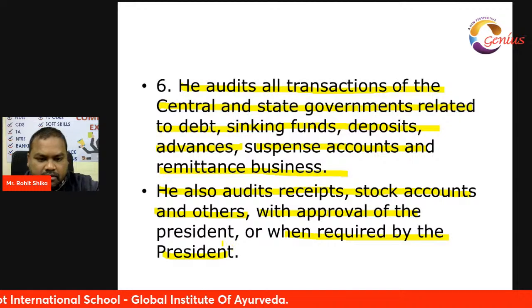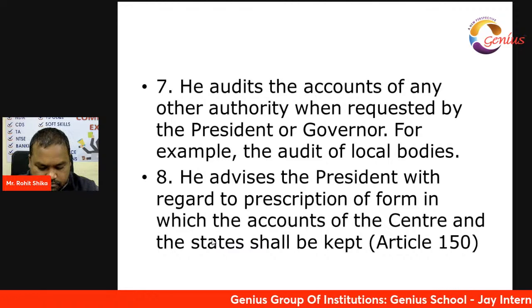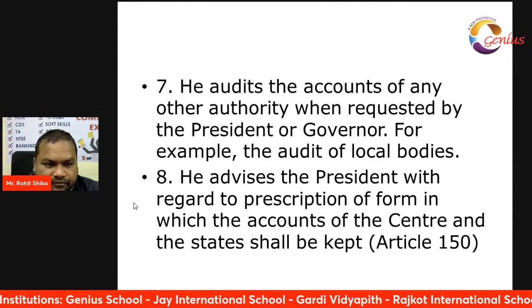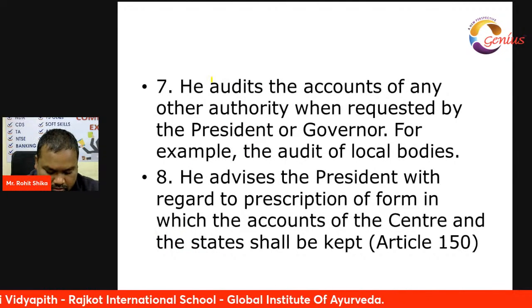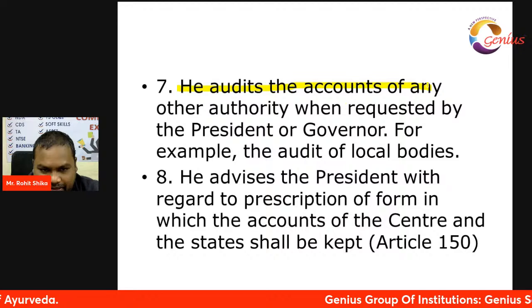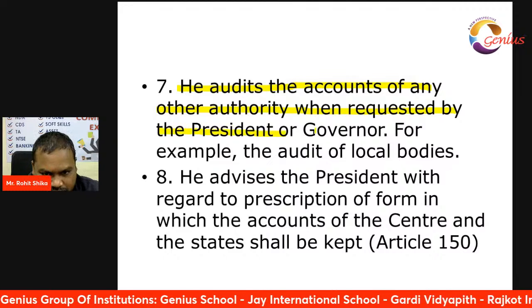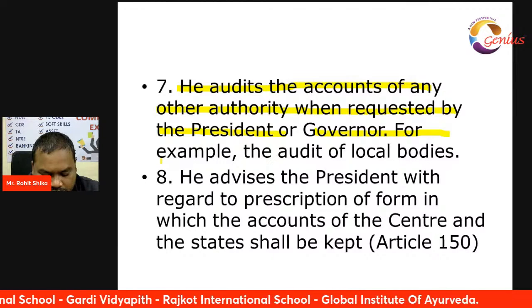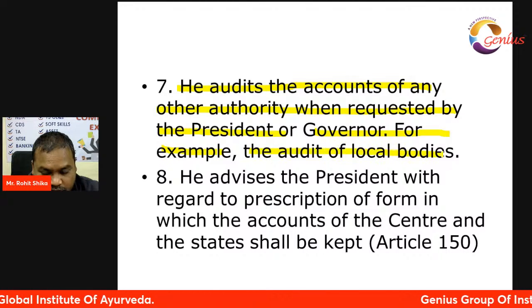He audits the accounts of any other authority when requested by the president or governor, for example, the audit of the local bodies.